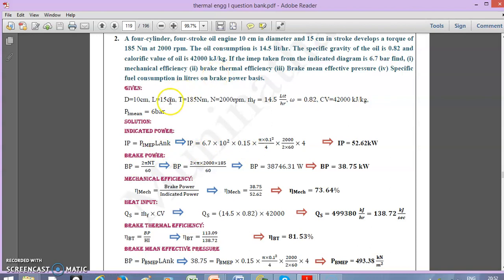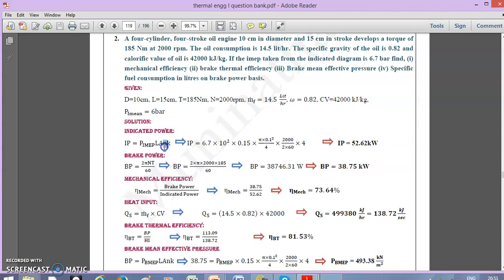The stroke length is 15 centimeter, converted into meter it is 0.15, multiplied by the cross-sectional area of the cylinder, pi by 4 d square, where the diameter is 10 centimeter, in meters 0.1. So it is pi by 4, 0.1 the whole square, into N.